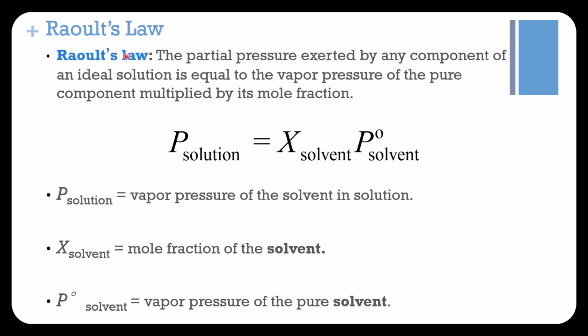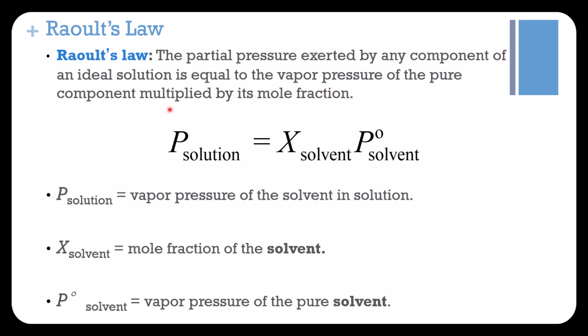So Raoult's Law is going to be the law that we use to calculate this change in vapor pressure. So Raoult's Law says the partial pressure exerted by any component of an ideal solution is equal to the vapor pressure of the pure times mole fraction. Let me break that down.